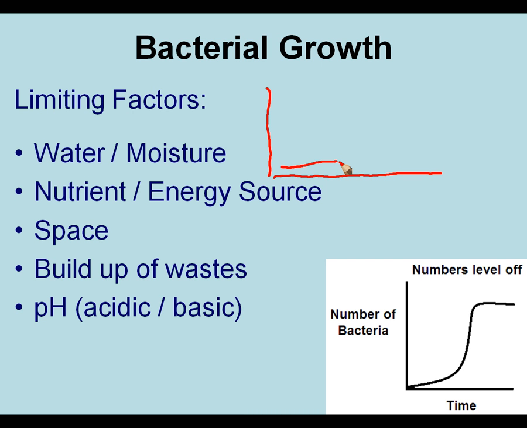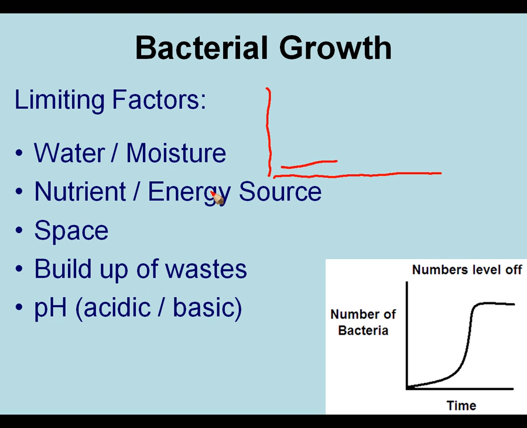Just like we use enzymes in our stomach to break down food, they're going to have to produce enzymes to actually break that down. So once they've started to produce enzymes to break down the food, they then have to do some of that digestion and absorb those nutrients, convert them to energy, grow larger in size, and then start copying their DNA, all those sorts of things. And then they can start dividing and continue to grow and divide.